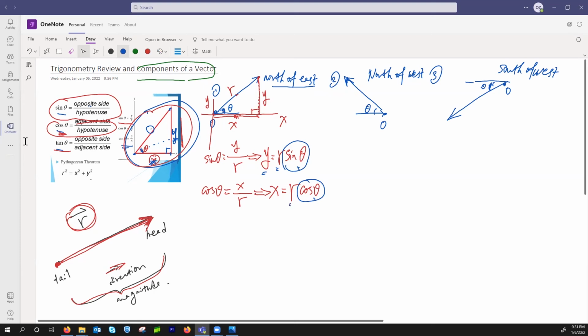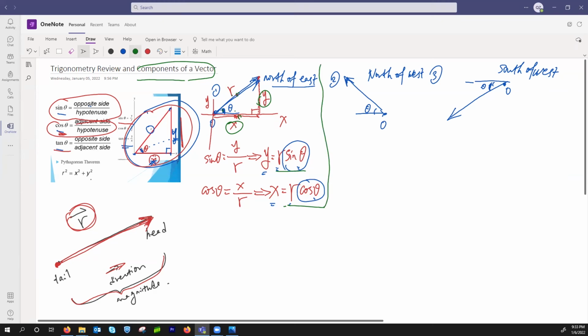And if you know r, then you can easily find the value of x. For this vector r, at a certain direction, we are able to figure out the x component, which is this value here, and the y component, which is this value here. So we have x, we have y, and we have r, and we also know the direction. So all four variables, we know the value.